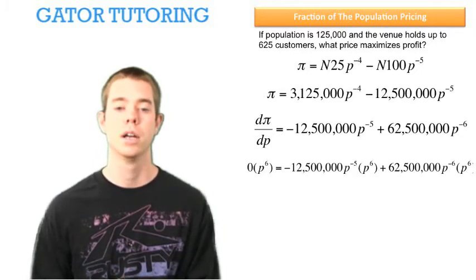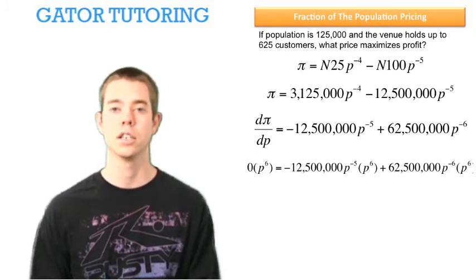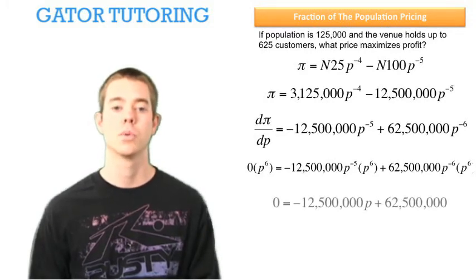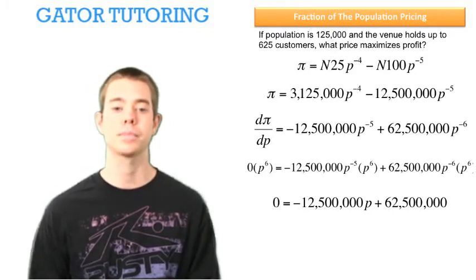The second part, 62.5 million, p raised to the negative 6 times p raised to the positive 6. Again, we're going to add those exponents, but negative 6 plus 6 gives us 0. So any number raised to the 0 is 1. So we can rewrite this as negative 12.5 million p plus 62.5 million.